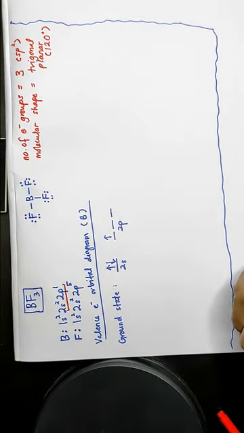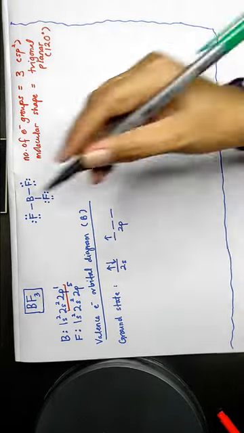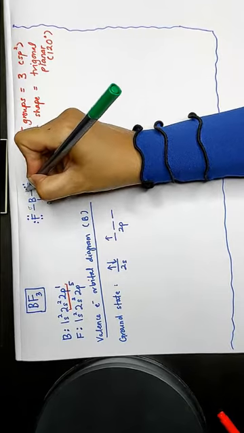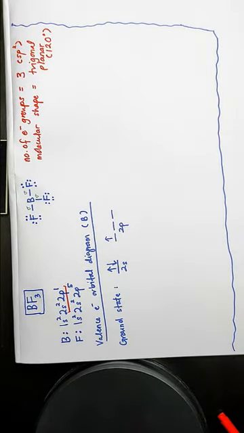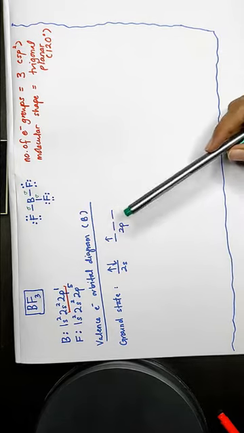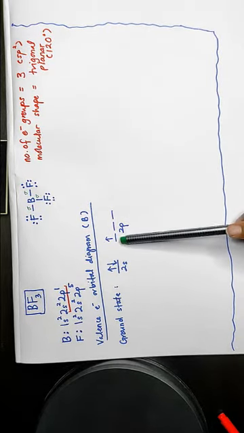Now, how many sigma bonds are around boron? There are 3 sigma bonds around boron. In order to form 3 sigma bonds, boron needs 3 unpaired electrons, and the valence electron orbital diagram shows that only 1 unpaired electron is present.